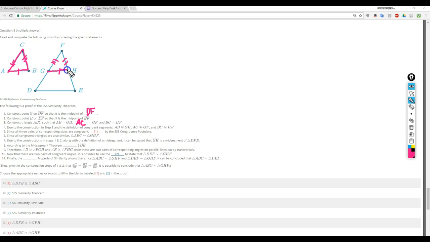So I need to go in that same order: G to H, since it had the 1 tick mark, H to F, since it has the 2 tick marks, and F to G, since it has the 3. And that was the order we did ABC in. So we're looking for triangle ABC is congruent to triangle GHF.